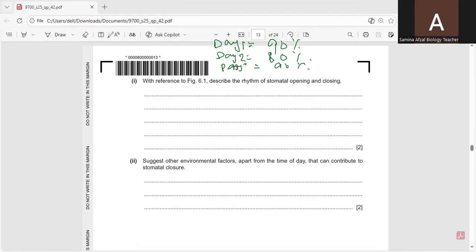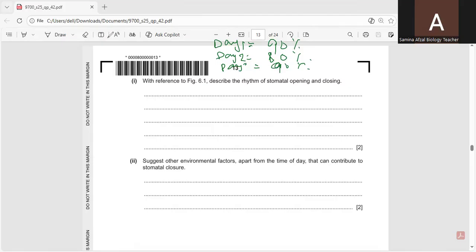So the minimum percentage of open falls to around 10 to 20%. So after this, when the daytime is there, it is open.